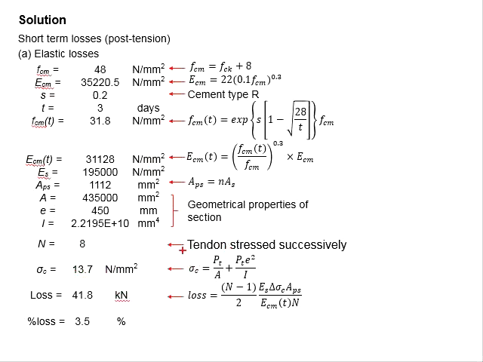This is obtained by substituting the P, A, e, and I into the equation here. Substituting all the relevant values, you obtain the losses equal to 41.8 kN. In terms of the percentage out of the total prestressing force, which is 1200 kN, it is about 3.5%.